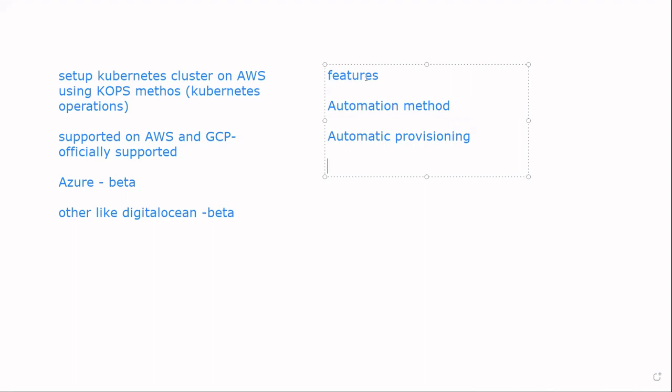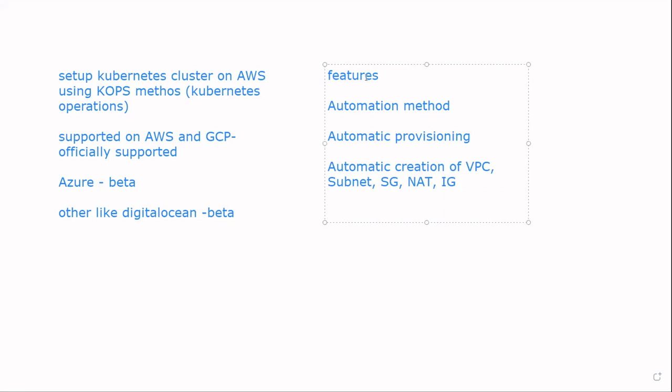It creates the VPC in the background, the subnet, security group, NAT, then IG.